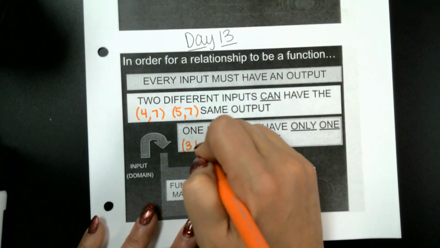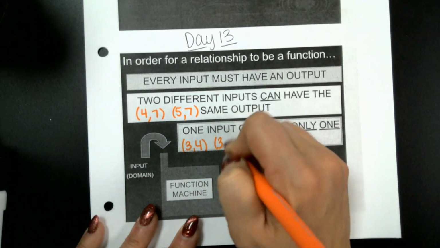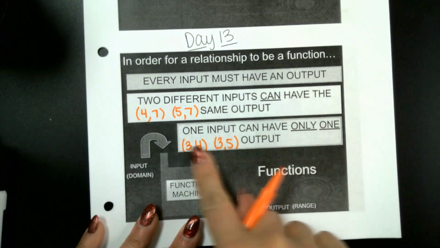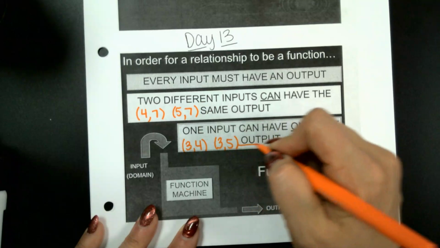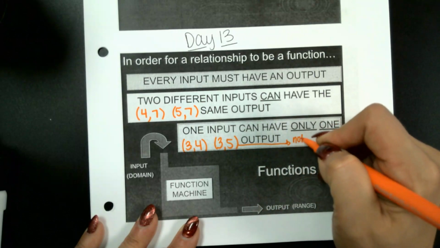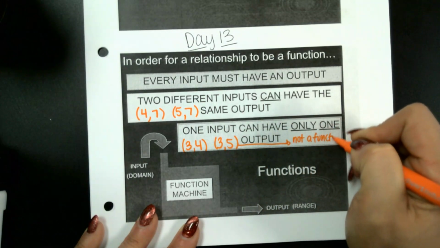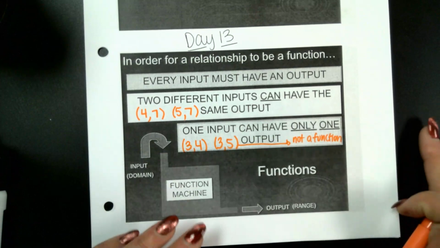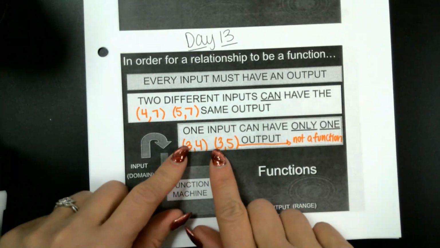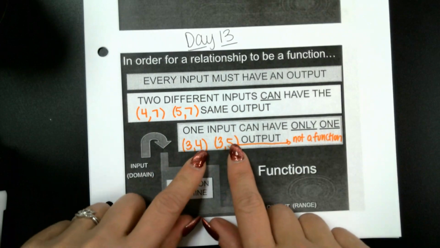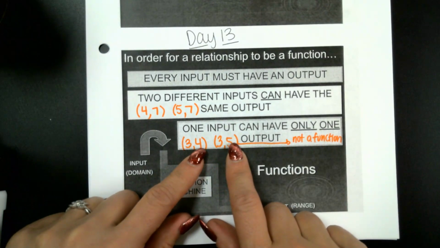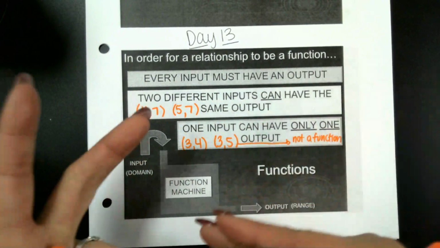If you see (3, 4) and then you see (3, 5), this right here would not be a function. Because if you plug the number 3 in, how many answers are you getting? You're getting two different answers.